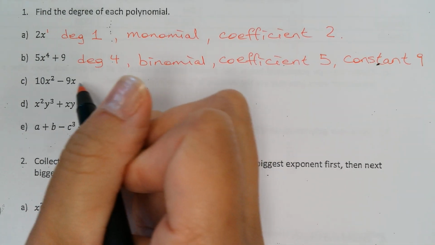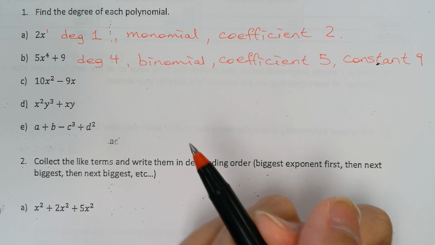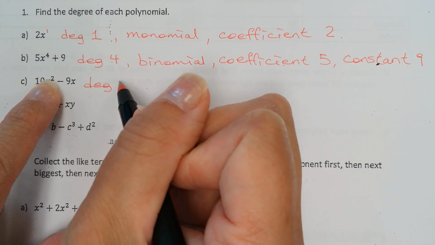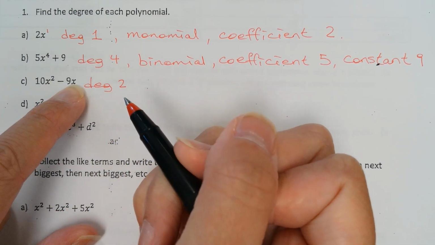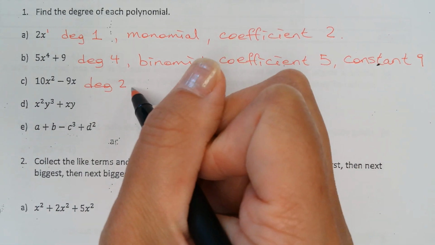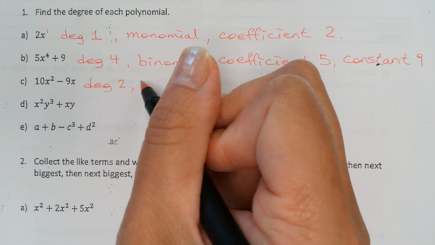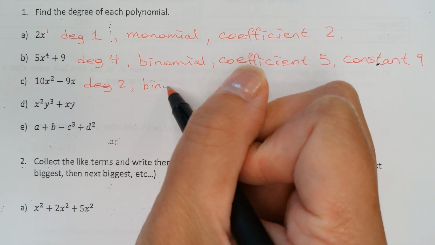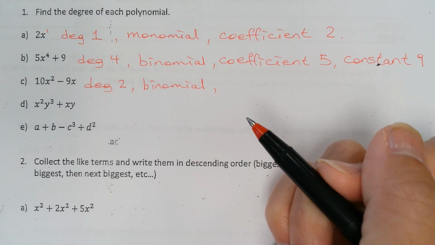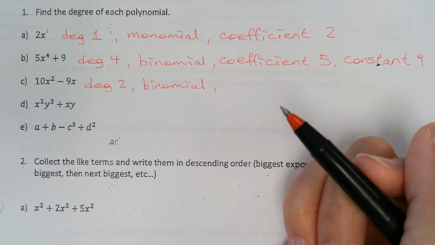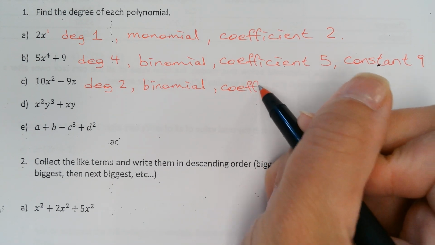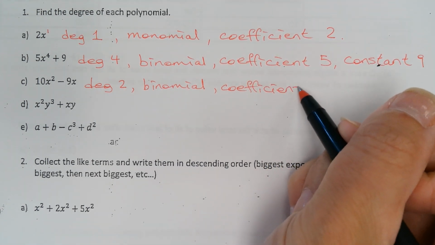Okay. 1C. What's my degree here? 2. Again, highest degree among your terms. This has a degree 2. This has a degree 1. So it's degree 2, the higher. 2 terms, so it's a binomial again. What is my coefficient in the first term?